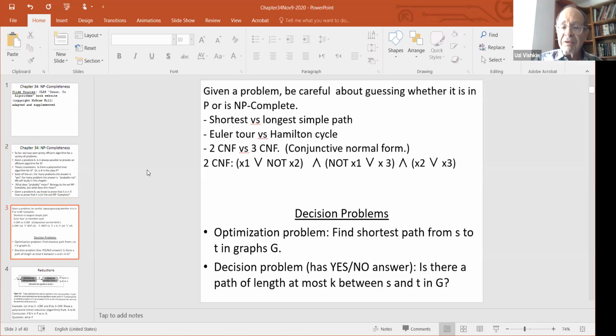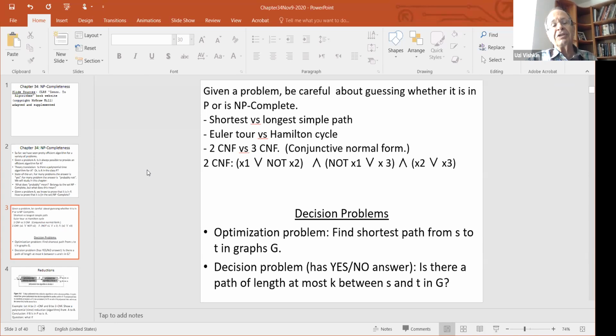Now part of this warming up is to give you a hint on how subtle and involved and complex and non-obvious this whole theory is, and hopefully you will also appreciate the theory, because you will see that it takes problems which do not look so different, and still it tells you for this problem we have a pretty efficient algorithm.